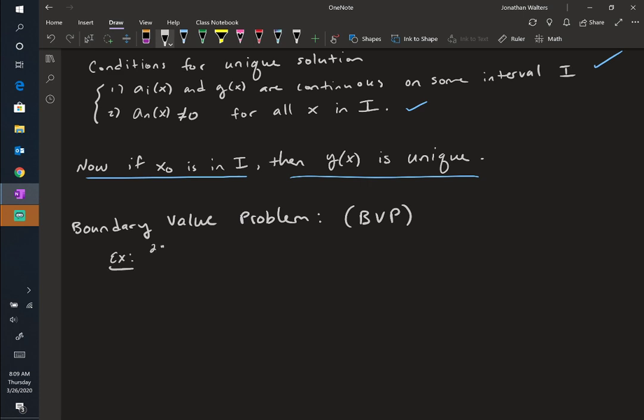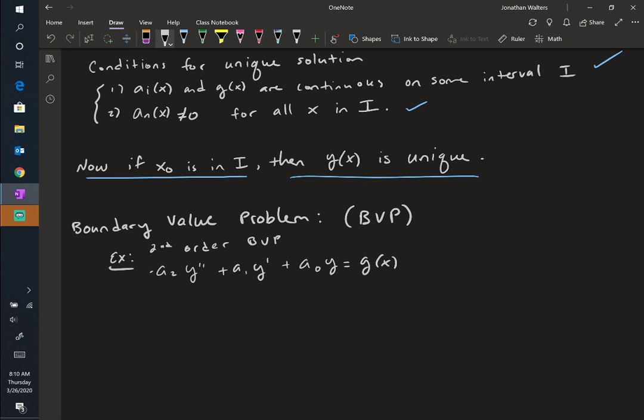we might have a second order boundary value problem, and it would look something like a2 y double prime plus a1 y prime plus a0 y equals g of x.